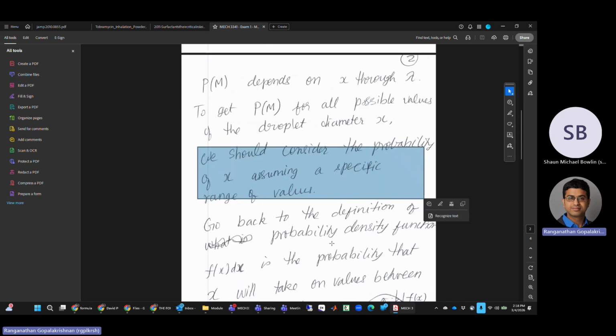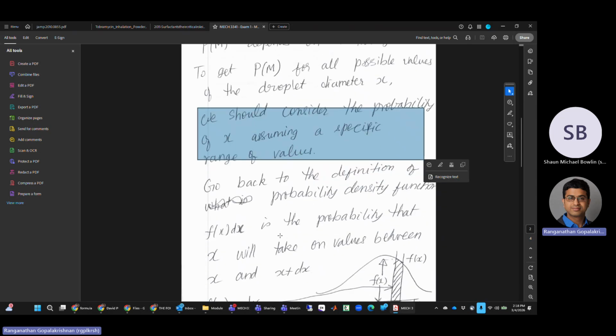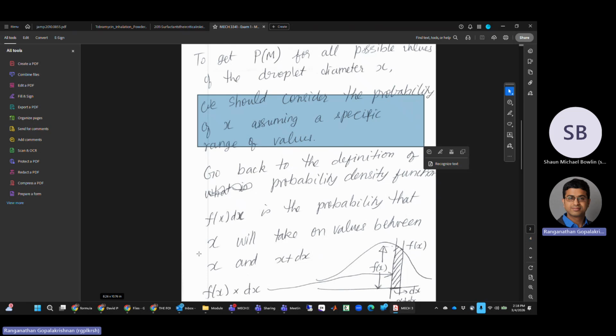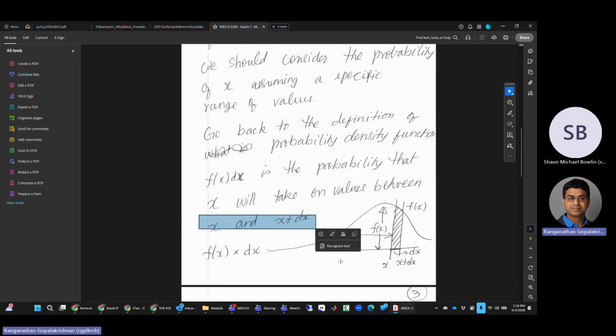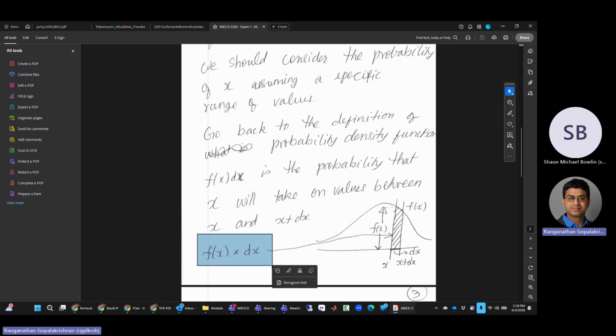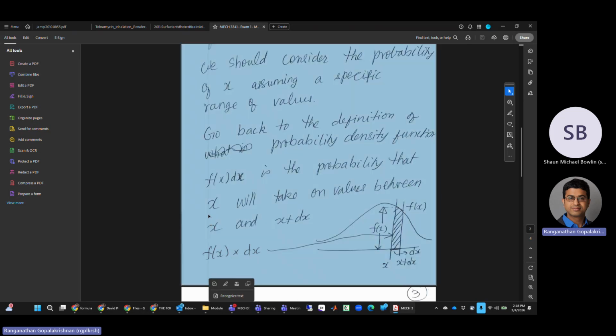And that means you have to think about what's the probability that x will take on a value between, say, x and x plus dx, which is nothing but f of x dx. This is what we saw earlier in maybe the fourth or fifth lecture, that f of x dx is the probability that x takes a value between x and x plus dx.